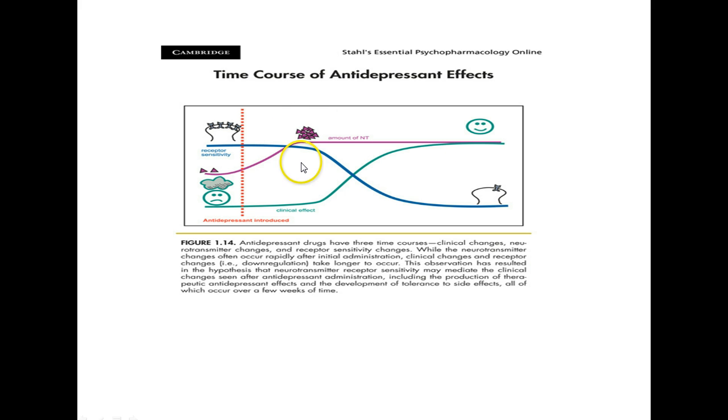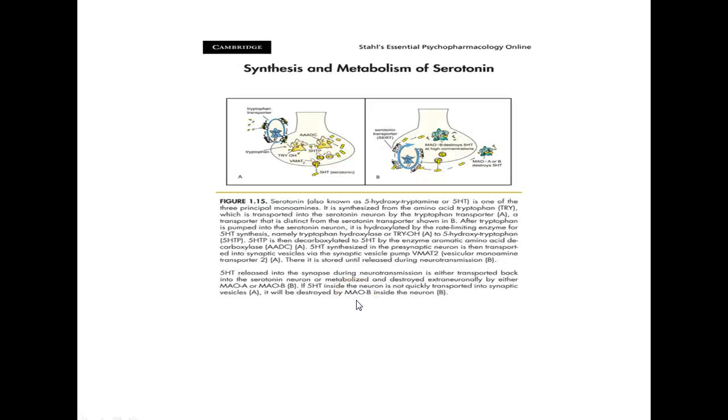So the course of action, as I said before, takes time as the neuroreceptors are being downregulated. At the same time, the clinical effect takes place, and this may translate into weeks. Ideally, they say up to 6 to 8 weeks, but there have been studies showing that it may take up to 12 weeks to have the full therapeutic benefit of antidepressants.